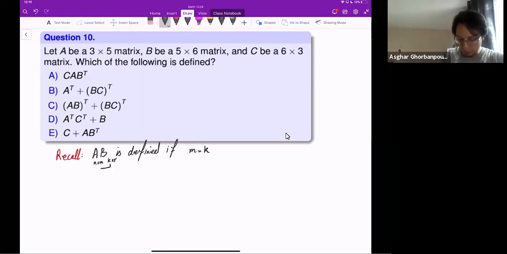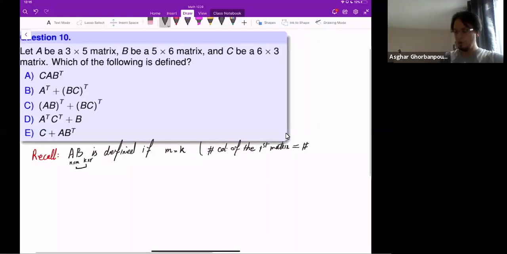So the two close by dimensions must be equal. Or in other words, the number of columns of the first matrix must be equal to the number of rows of the second matrix.